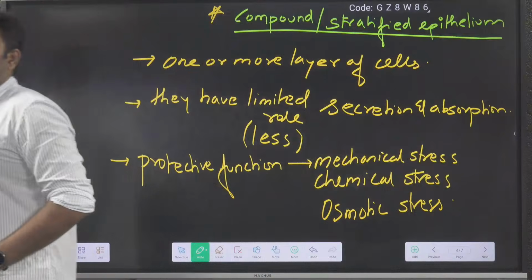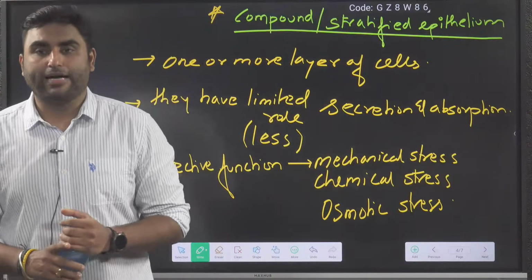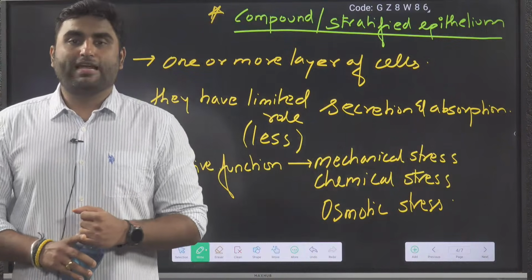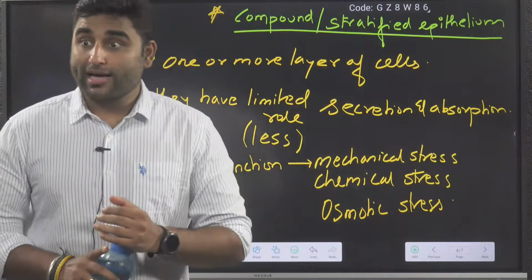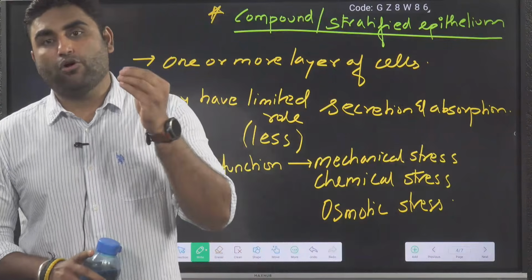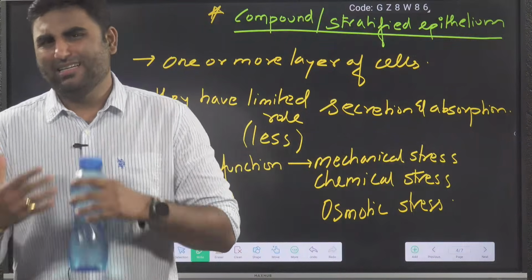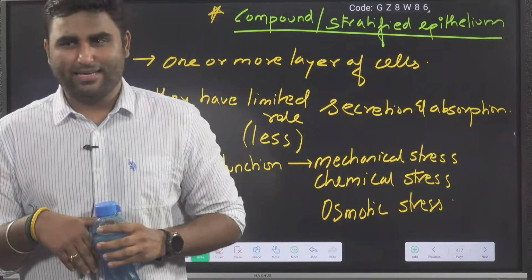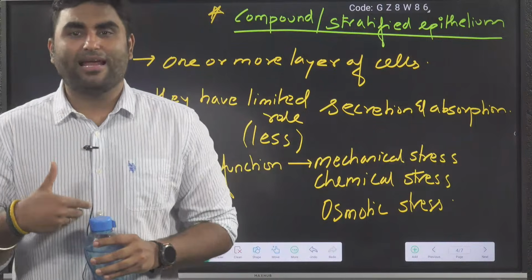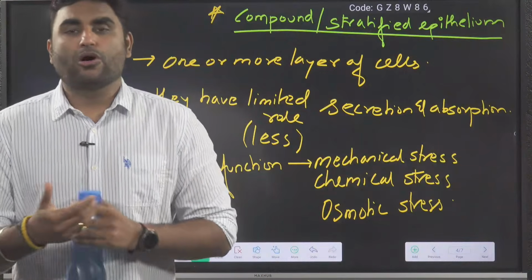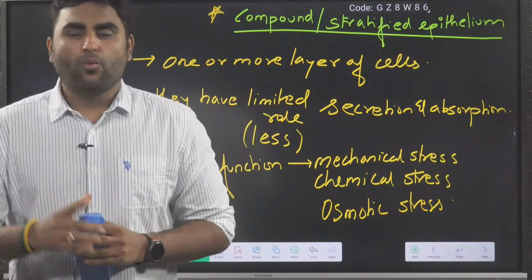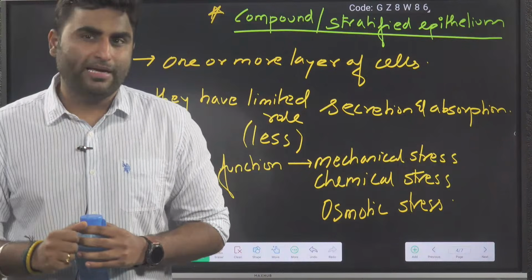So let us talk about compound or stratified epithelium. Wherever your body requires protection, especially the outer lining and inner lining, it requires protection. The outer lining is your skin, and one single layer of cells will not be enough.